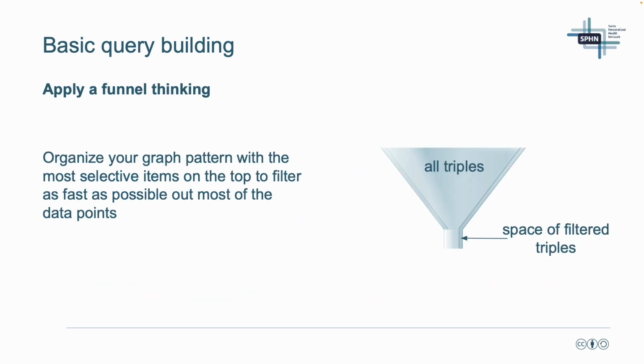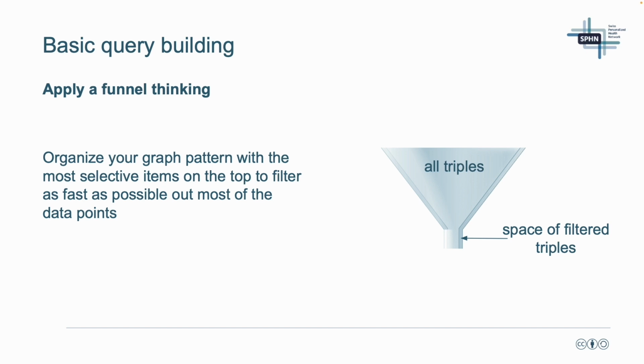When going through the creation of a graph pattern, we encourage you to apply a sort of funnel thinking, where you would filter for the most selective items on top of your graph, so it gets processed first and removes as many instances that are not compliant or fitting to that selection. This will allow you to focus on a lesser amount of elements in the graph than what you initially had, which basically contained all the triples in your knowledge graph, and that may be a huge amount.